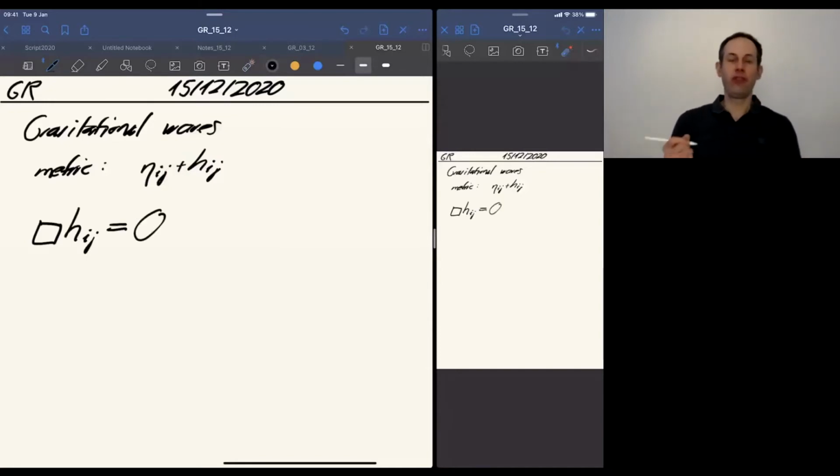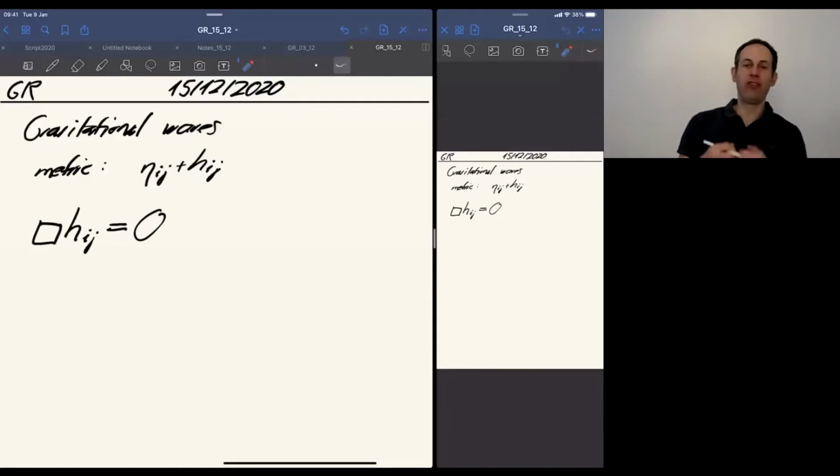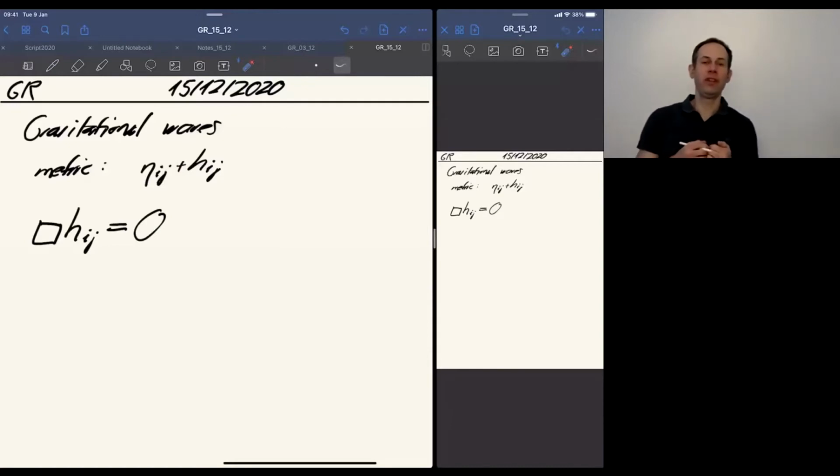So a gauge is a choice of coordinate system, and I mentioned last time that we can somehow do, as always, as often at least, we can try to choose a clever coordinate system. And in this particular case, in the case of the treatment of gravitational waves, it's useful to just use this freedom to make sure that certain terms that it would initially have for an arbitrary choice of the coordinate system, that they disappear.